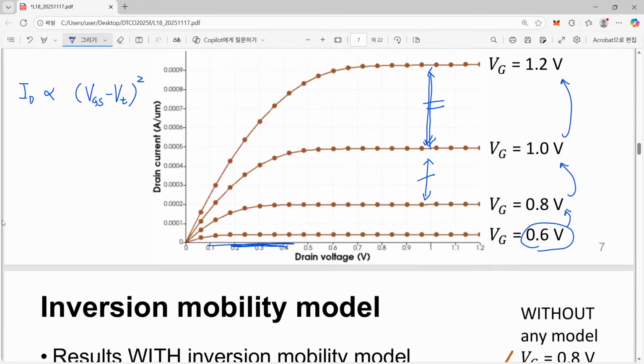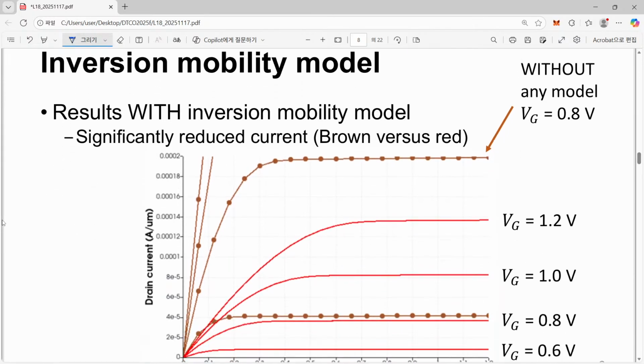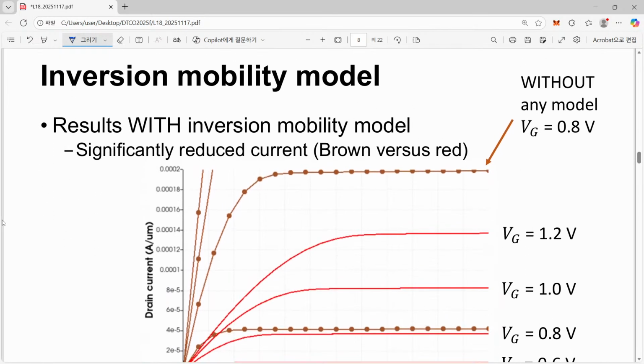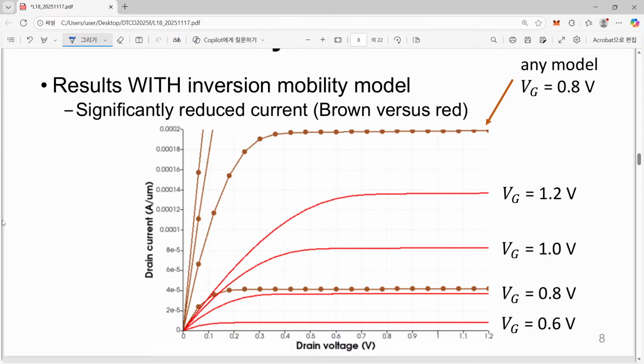Of course, when you go to short channel, we have a different saturation behavior. We'll see later. And when we include the inversion layer mobility model, then these curves are obtained from physical models.